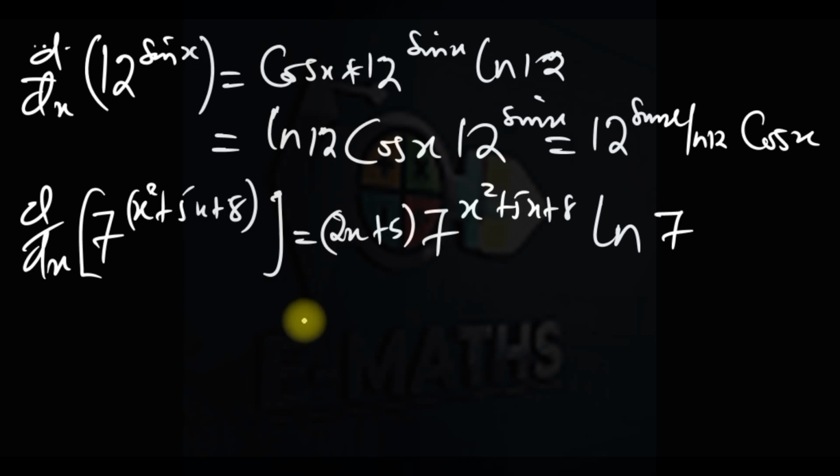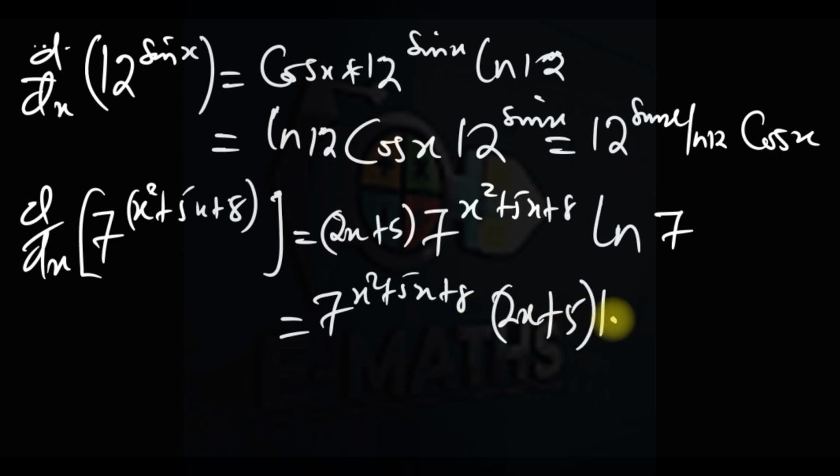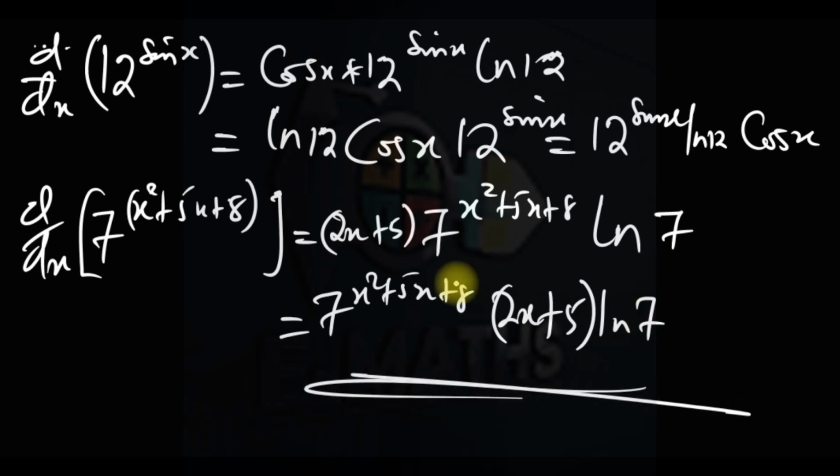Or maybe you write it as 7 raised to the power x squared plus 5x plus 8, times 2x plus 5, times ln 7. Either way, that's the answer.